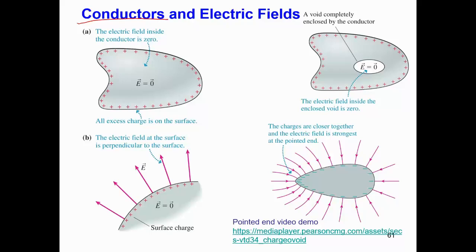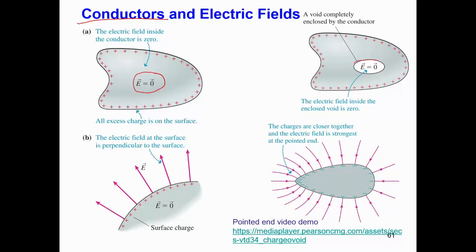If you charge a metal, all the charges will always reside at the outer surface. Why? Because they repel each other, so the charges always go to the surface. So inside the conductor there's no electric field, because the charges distribute only on the surface because of repulsion.